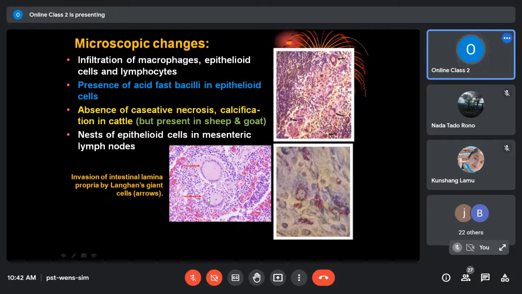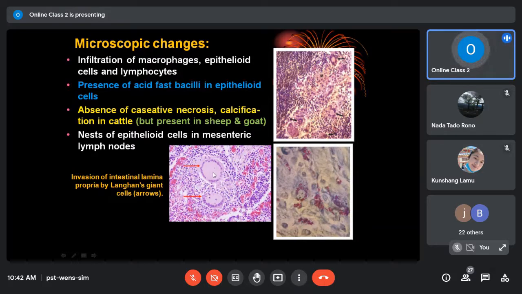In many of the cases they are present, but sometimes they may not be. The organism Mycobacterium paratuberculosis is also an acid-fast organism, so it remains present in those epithelioid cells surrounding the central necrotic area.